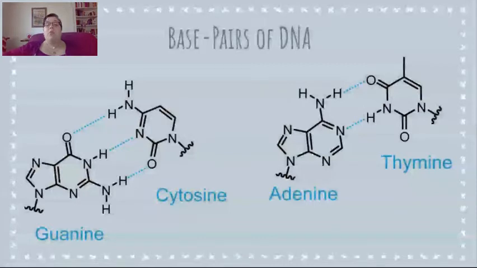Let's take a closer look at those base pairs. And they look a little bit like the carbon rings that we talked about when we talked about sugars, except that there's a lot more nitrogen in them than your typical sugar would have.